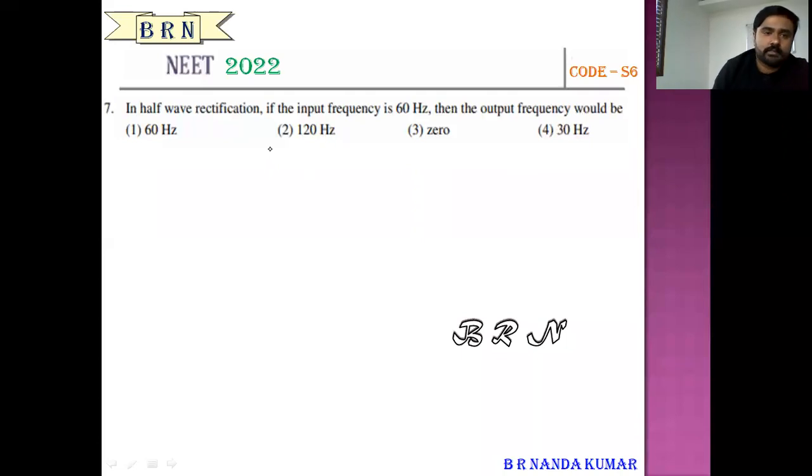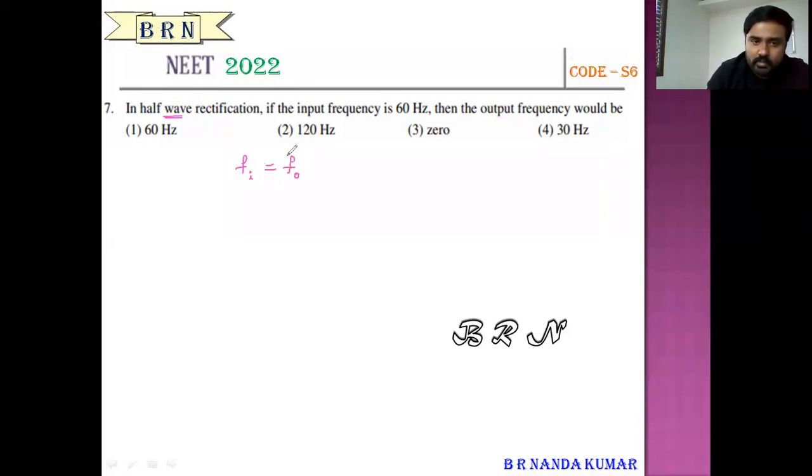Next problem, have a look. This is very simple. This problem is based on semiconductor electronics. In half wave rectification, if the input frequency is 60 Hz, then the output frequency would be... In half wave rectification only, input frequency is exactly equal to output frequency.